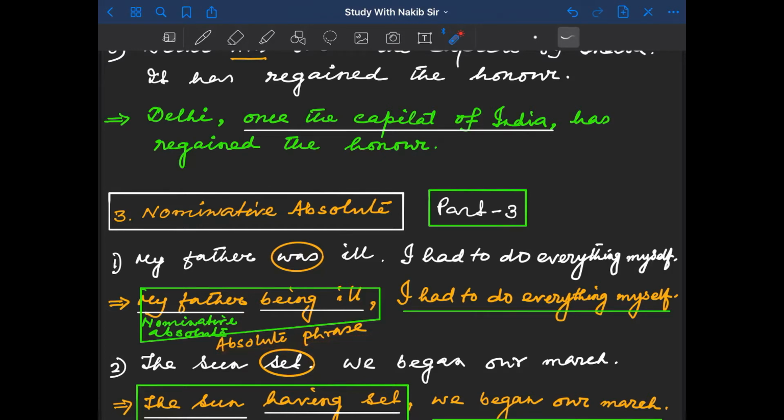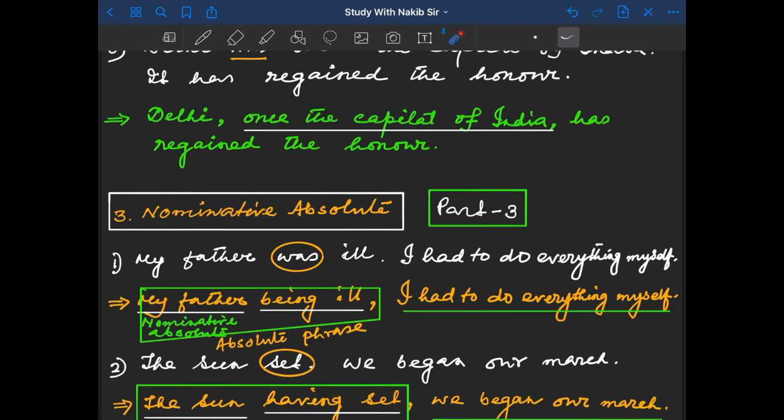And my father is the nominative noun, the part of the absolute phrase. For this it is called absolute nominative, that means nominative as a part of the absolute phrase. In short, it is called nominative absolute. So my father is a nominative absolute and the total phrase is called an absolute phrase.